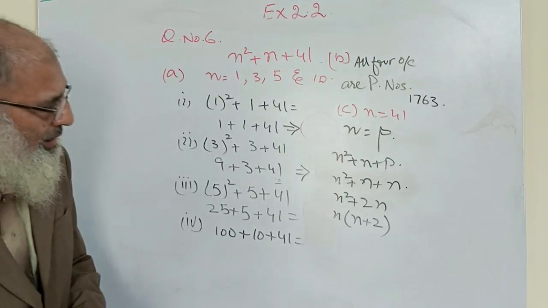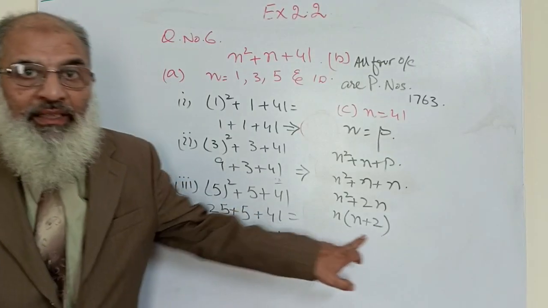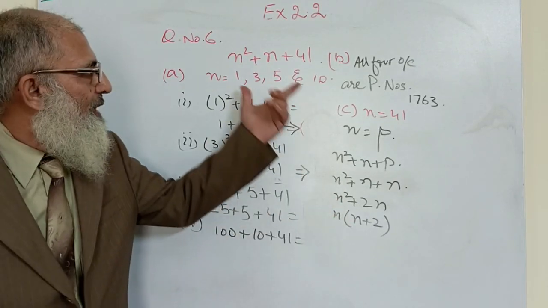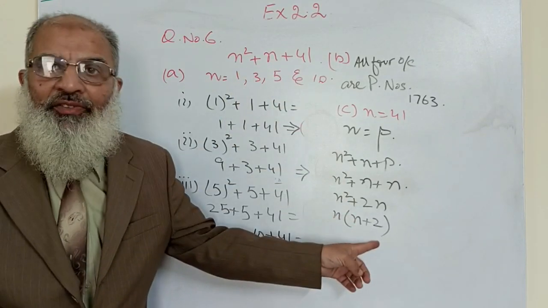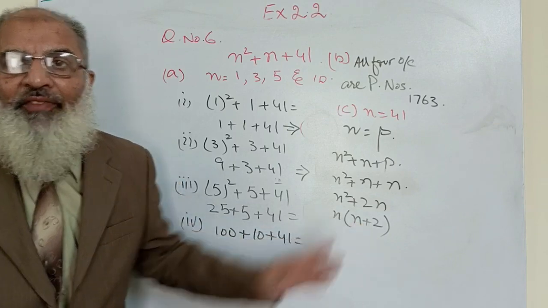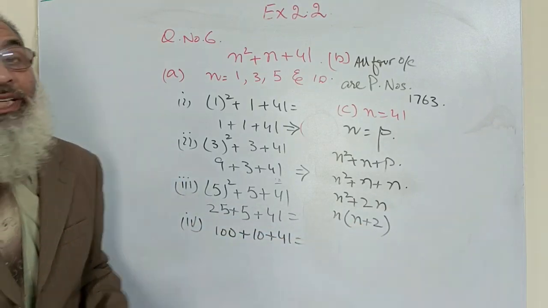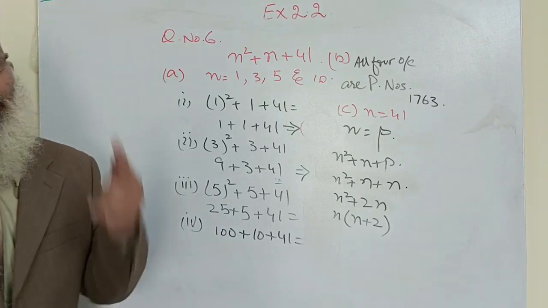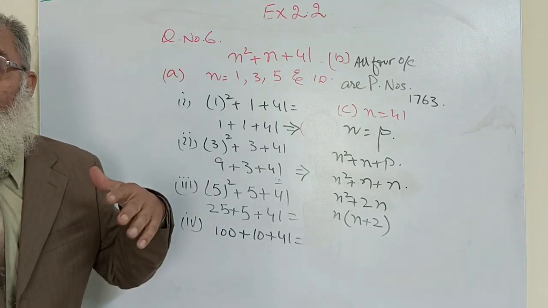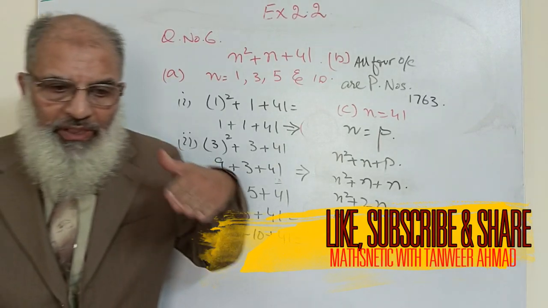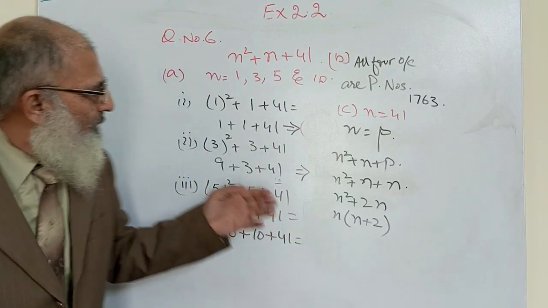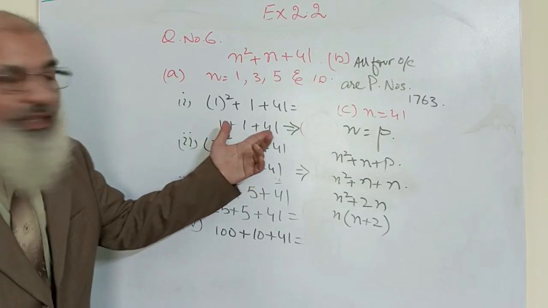Now you see that these are the factors of this. When I told you that a prime number is a number which has only a factor which is divisible by its own number. For example, this was 43.